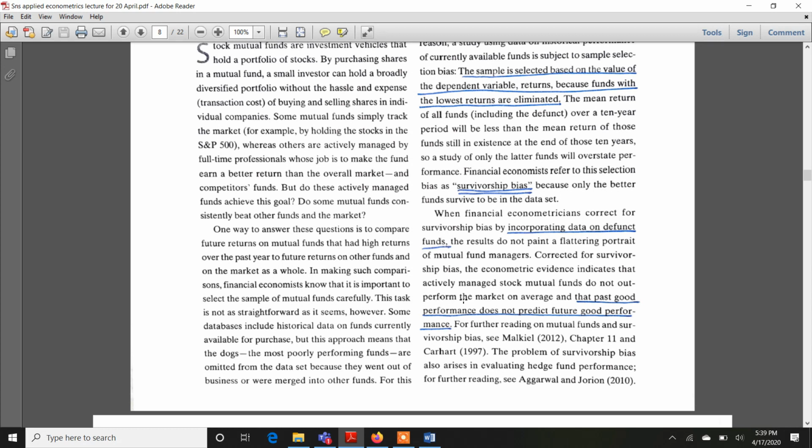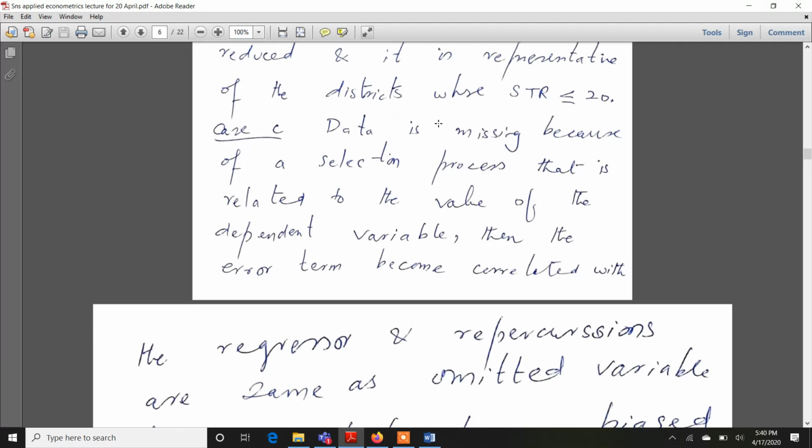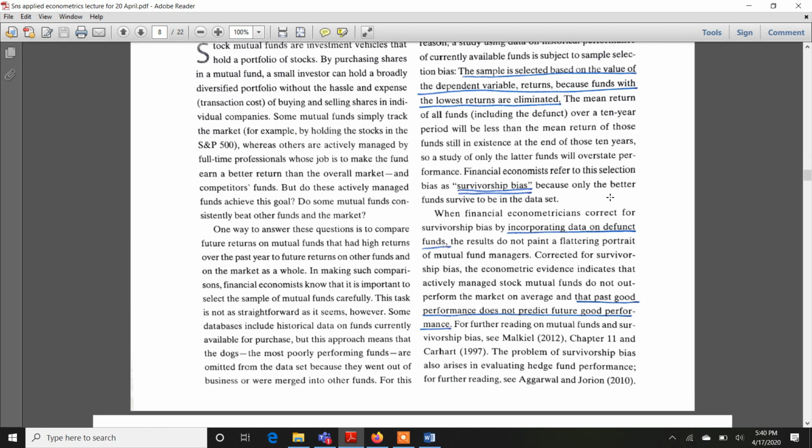And maybe 5 years down the road, we won't have data for those types of funds. So this was a practical example of case C, where data is missing because of a selection process related to the value of the dependent variable. Here the returns of those firms that performed poorly in the market were missing.